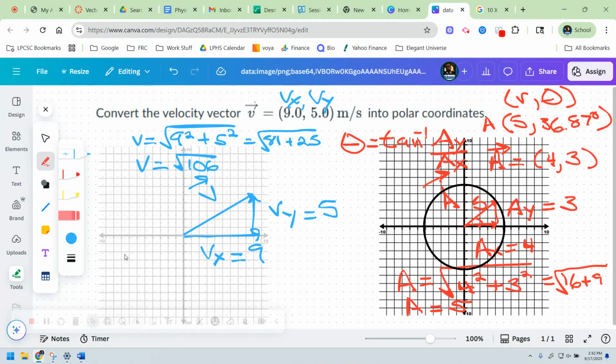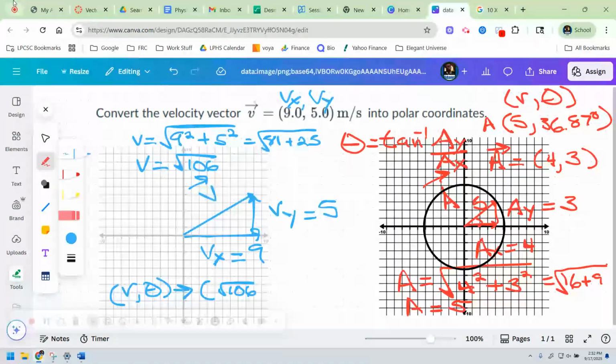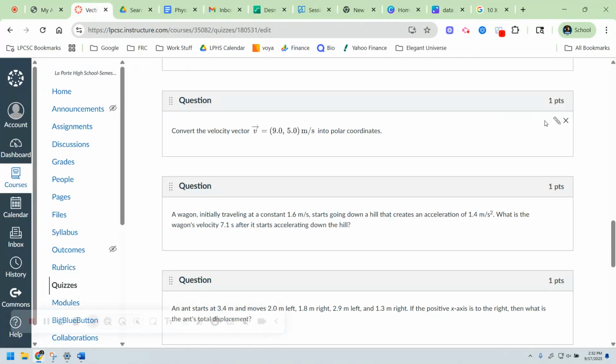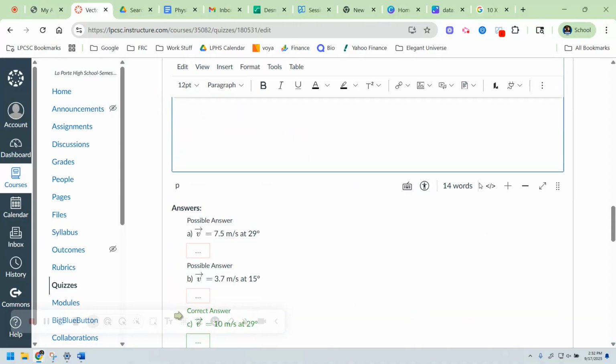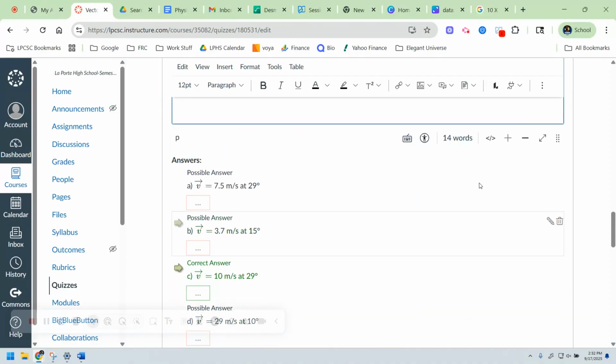So for my r comma theta, I've got r, which is the square root of 106. Is that what they had in the answers? They probably converted it. Yeah, they converted it to a decimal. Okay.